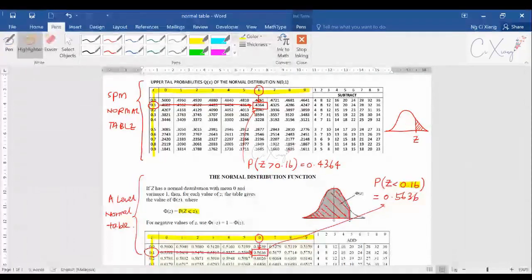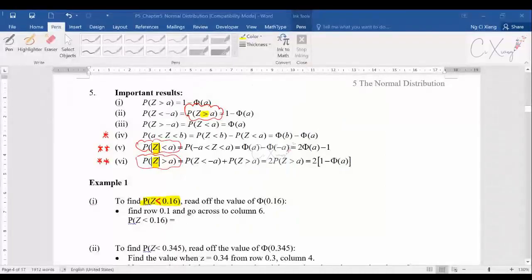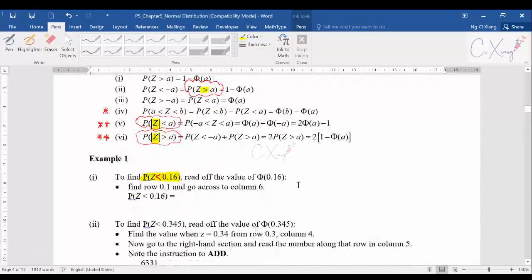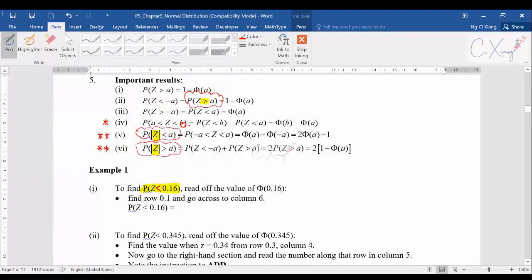Okay, so if no problem, then we go back to our notes here. So again, I need to share back our notes. Alright, so like example 1 just now, the value that you get is 0.5636.